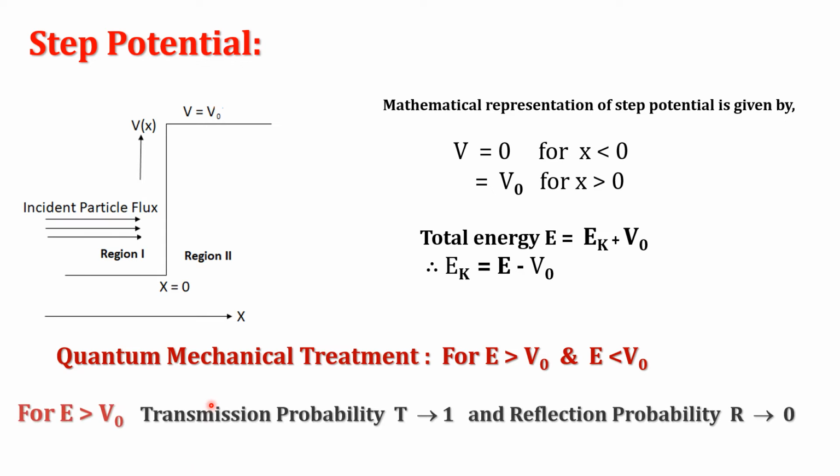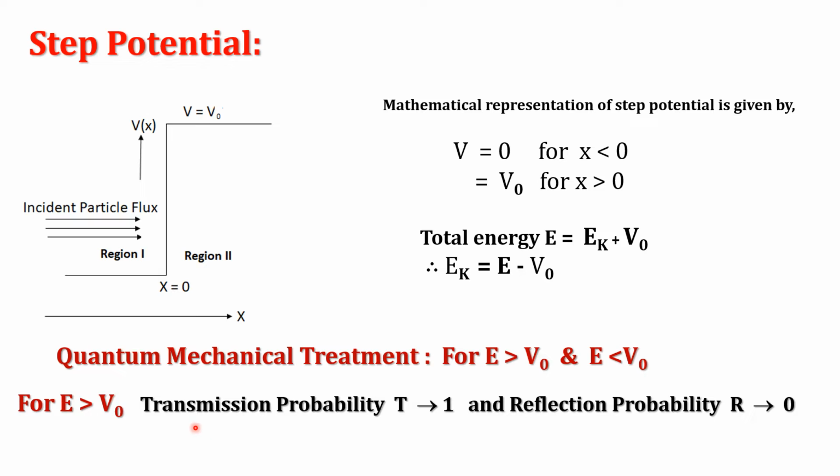For E greater than V0, there is partial transmission probability and partial reflection probability. That is, total probability is always equal to 1. But when we study the same case with classical treatment, there is perfect transmission and no reflection for E greater than V0.